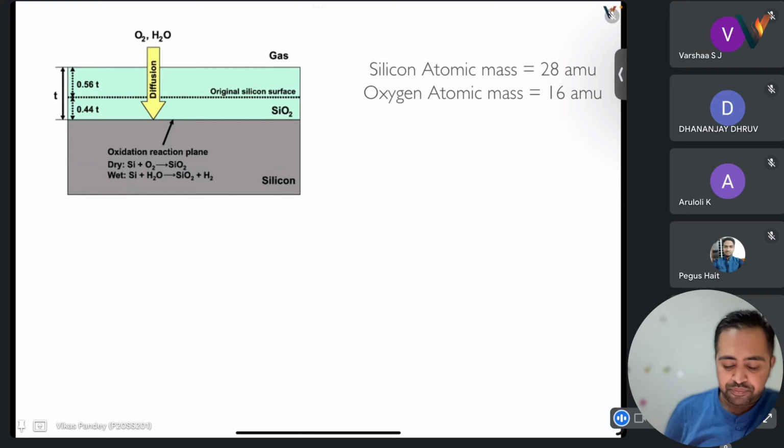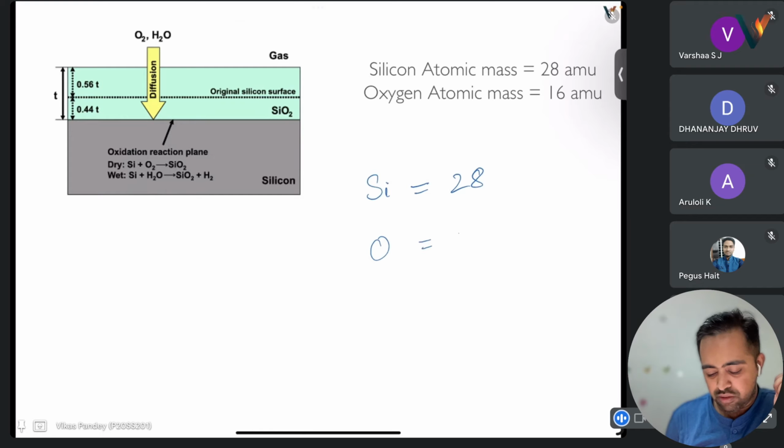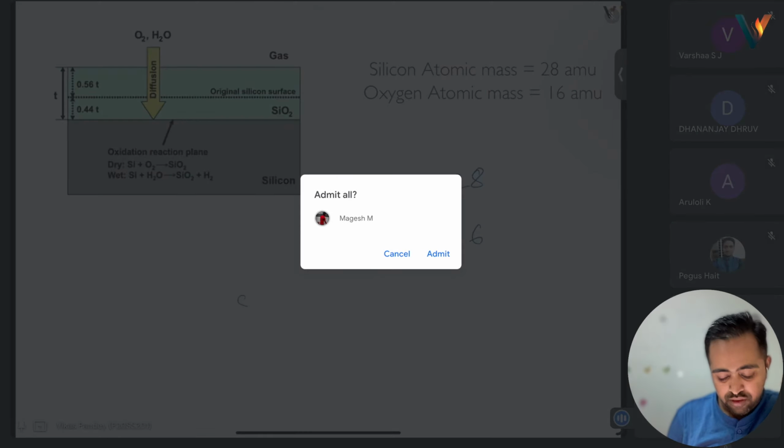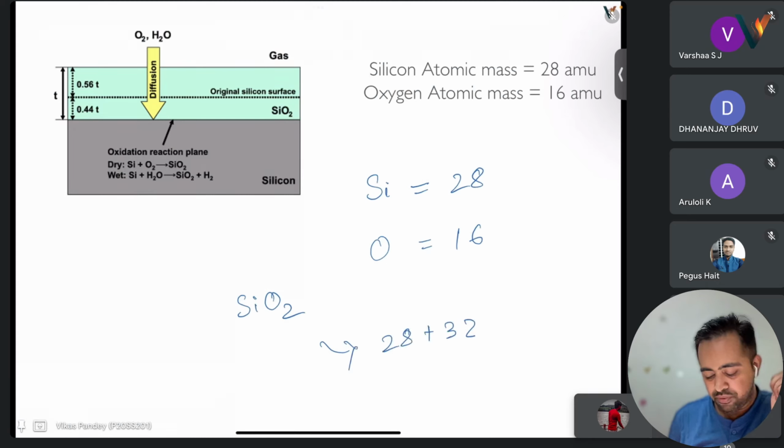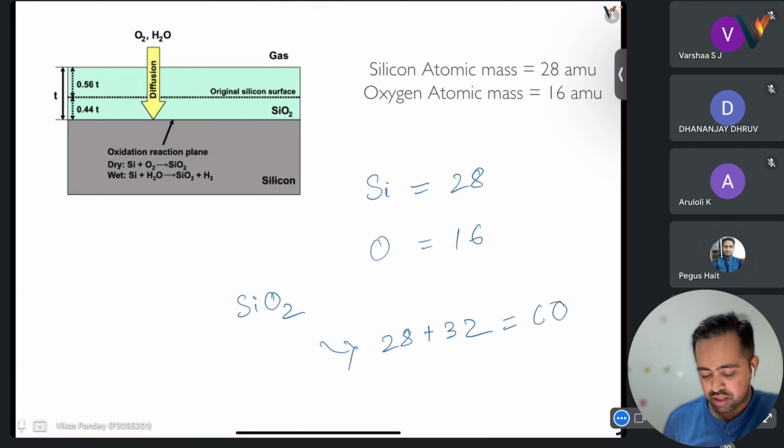So if we see silicon, silicon has an atomic mass of 28, and oxygen has an atomic mass of 16. So SiO2, what will be the atomic mass of it? 28 plus 32, which is how much? Yeah, 60, right?